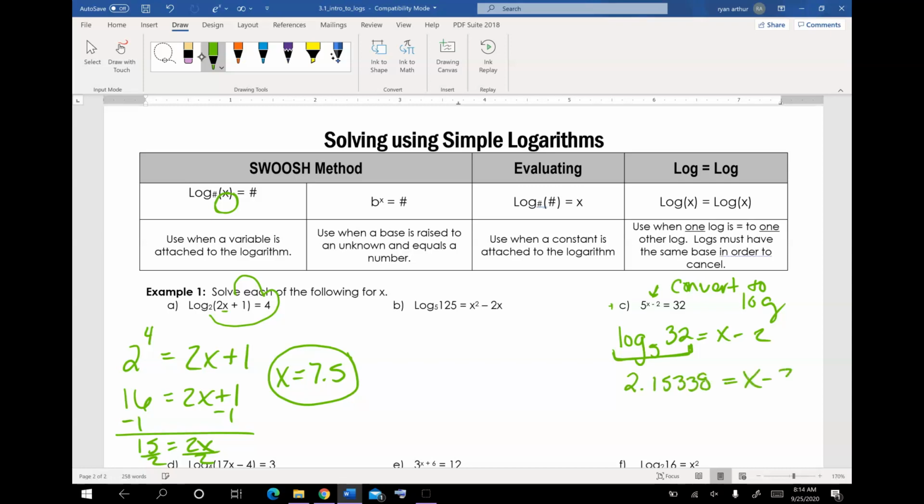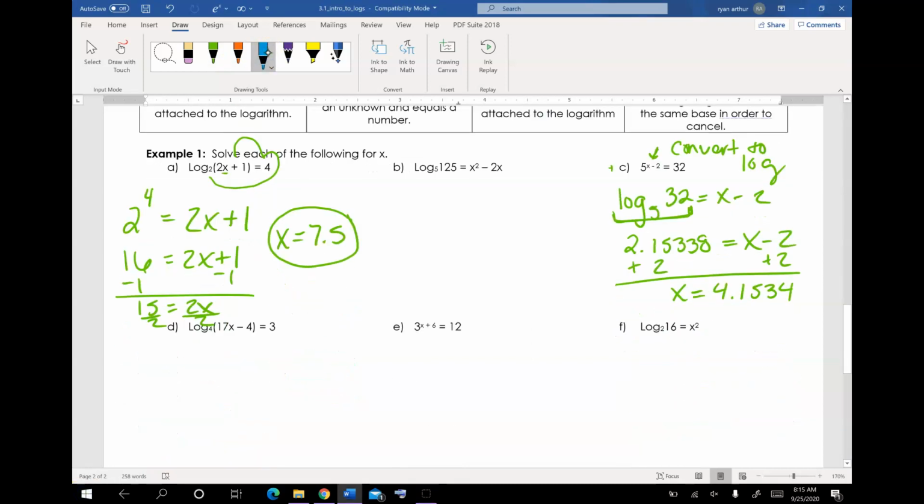That equals x minus 2. Then I'm going to add the 2. So x equals 4.1534.